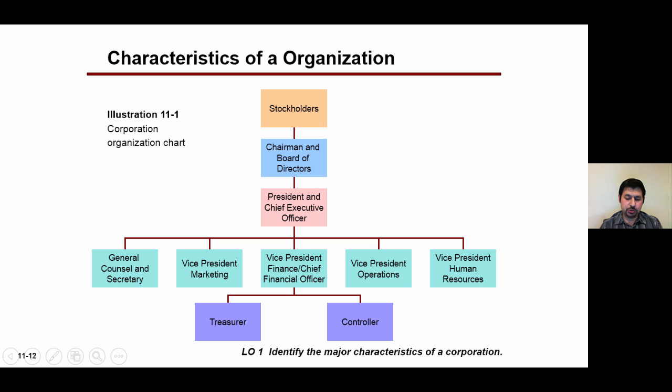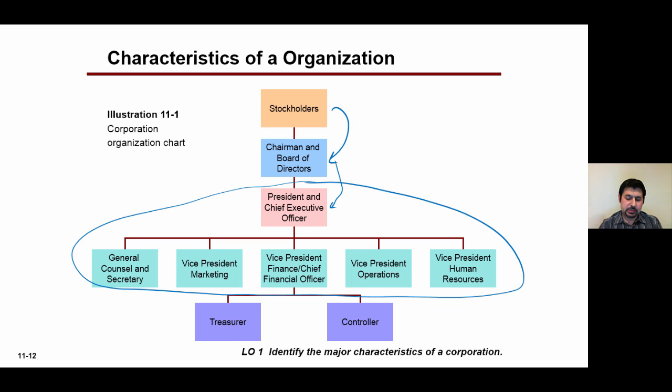Basically, we have the shareholders who elect the chairman and the board of directors, who in turn develop the policies of the company, etc. And they would hire the company management, basically the CEO and some vice presidents, such as the CFO, etc. This is the team who will be managing the day-to-day operations under the supervision of the board of directors.